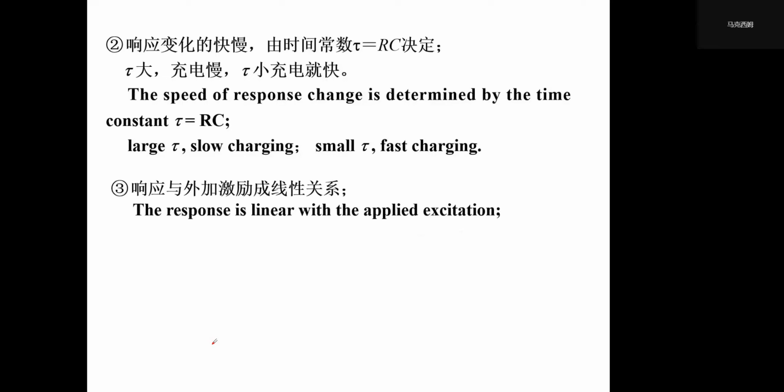And we see that the response is linear with the applied excitation. So this is a linear system.